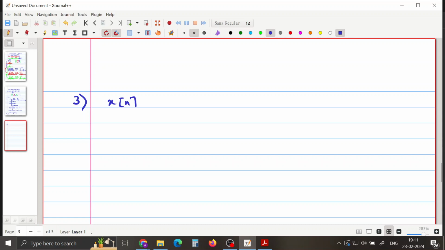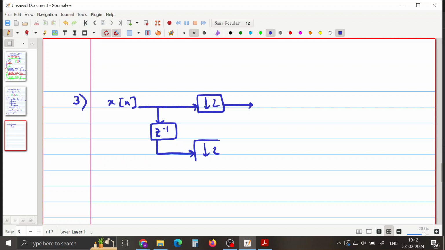So this is x of n. The topmost branch is just a single downsampler. Then I have this delay block, and here is the second branch, which involves another downsampler.